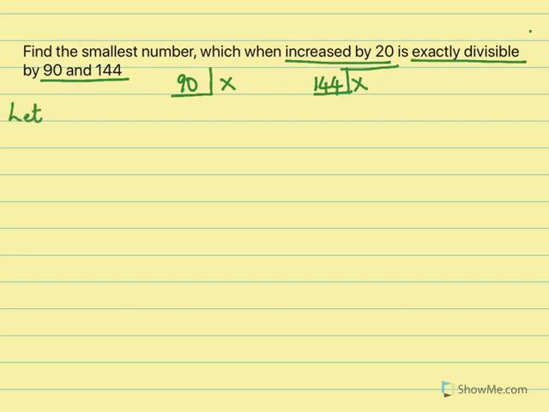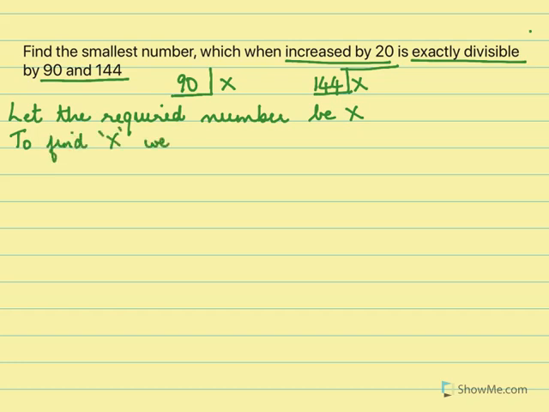So let the required number be x. Now to find x, we need to find the LCM, because the number has to be divisible by 90 and 144. So let's go ahead and find the LCM.